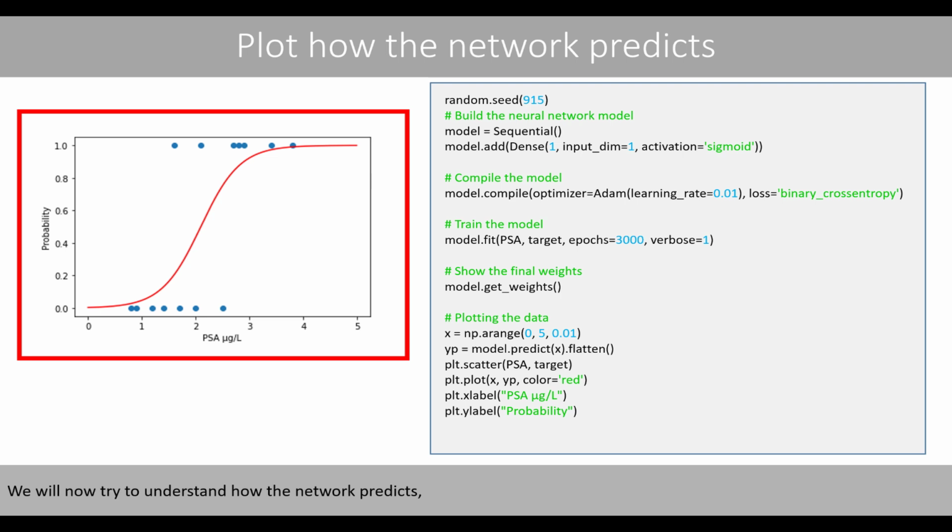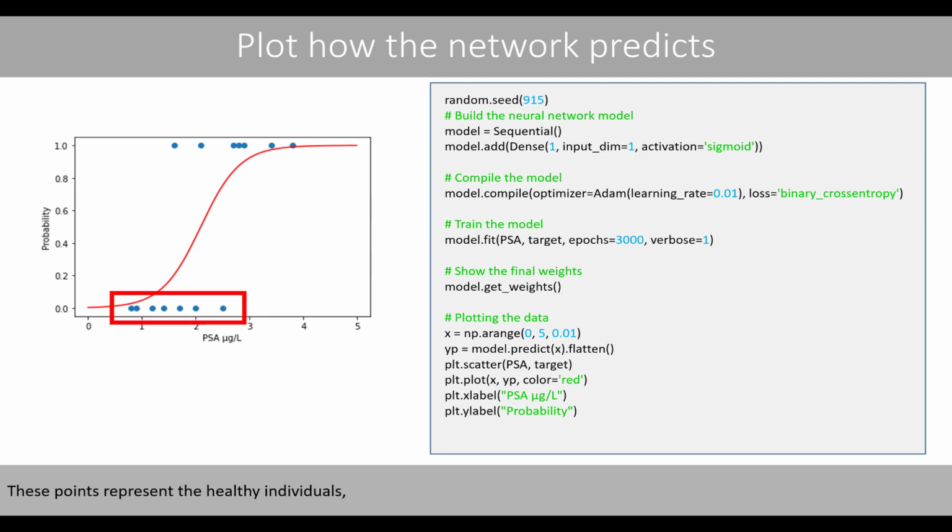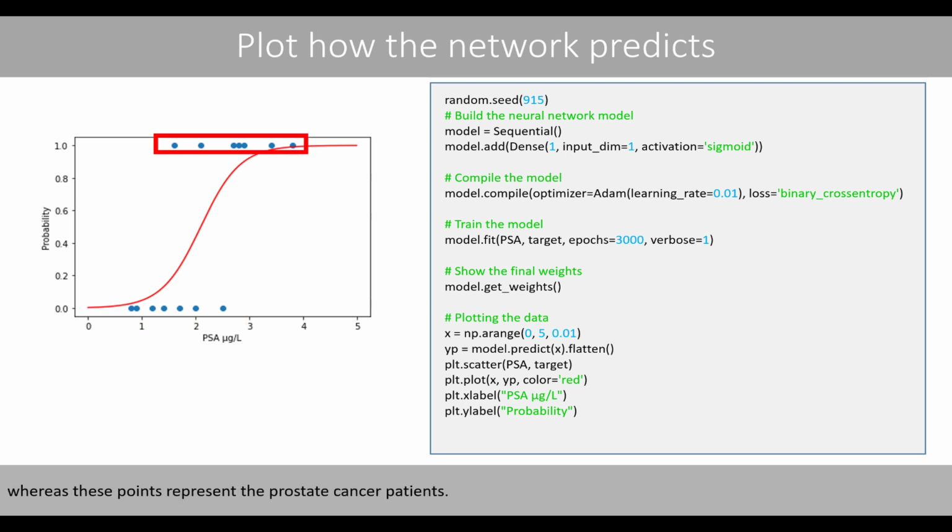We'll now try to understand how the network predicts. But note that this kind of plot is only possible to generate when we have just one feature. These points represent the healthy individuals, whereas these points represent the prostate cancer patients.